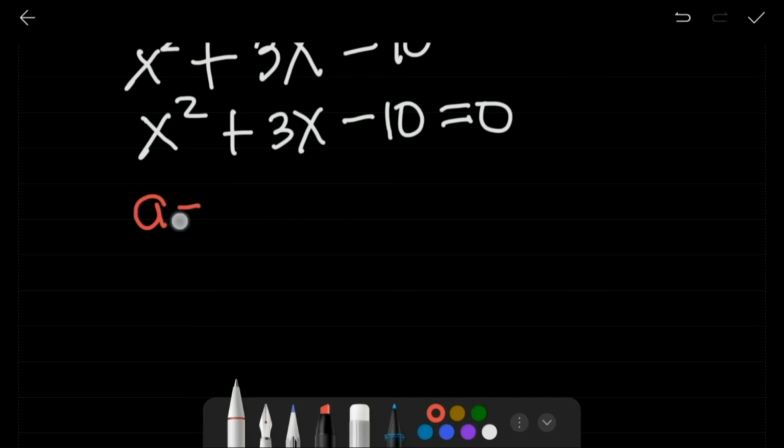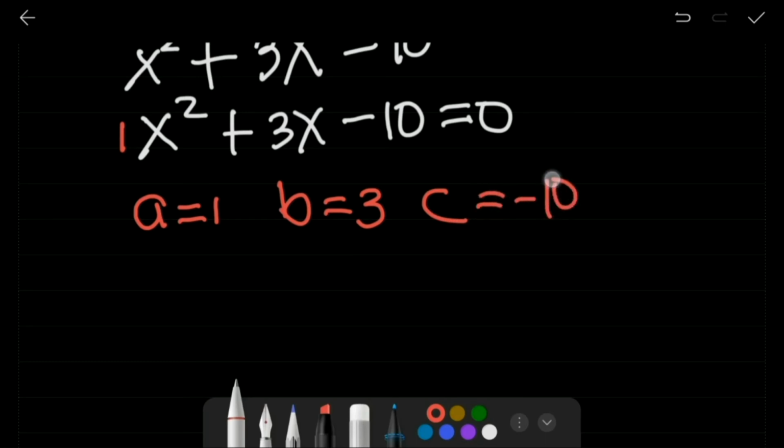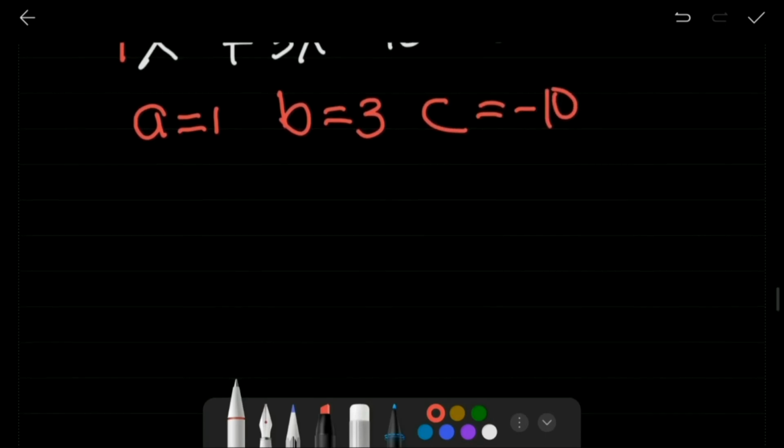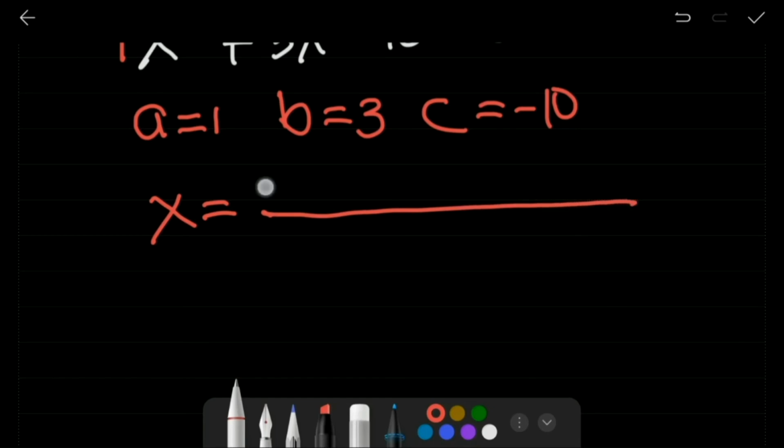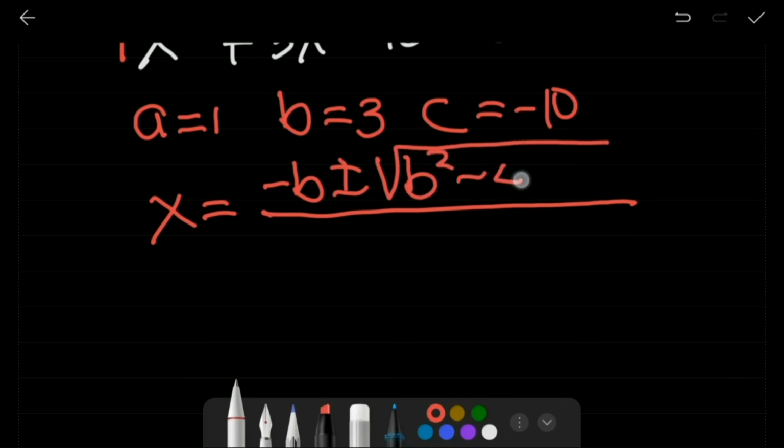So a is 1, b is 3, and c is negative 10. So the quadratic formula is x equals negative b plus or minus the square root of b squared minus 4ac all over 2a.